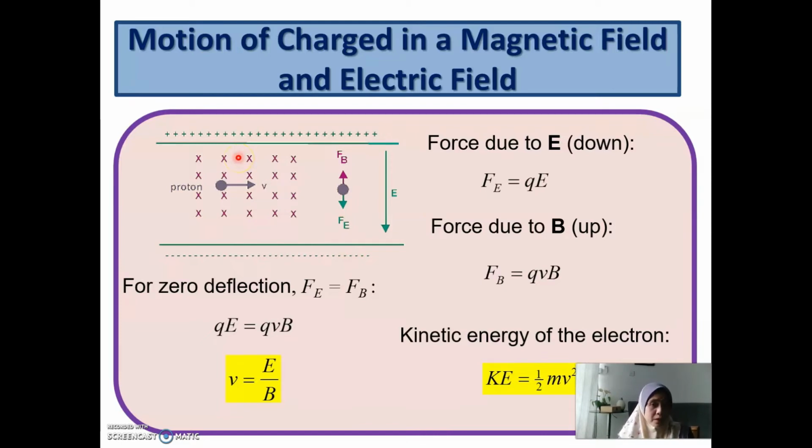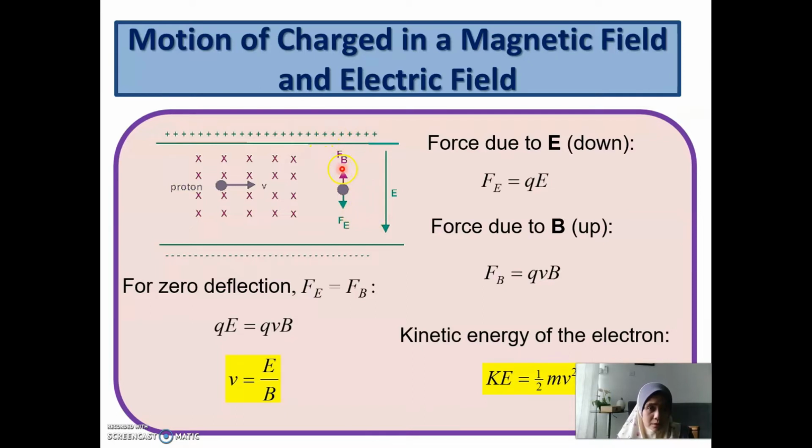What you have to remember is that the electric field lines, E, should come from the positive plate towards the negative plate. The many cross signs in the slide are the magnetic field. The green arrow is the electric force, downwards. Why? Because the positive charge will be attracted to the negative plate. So that's why FE is downwards.